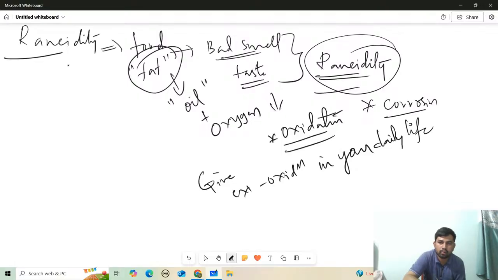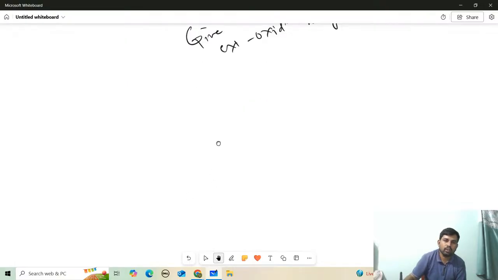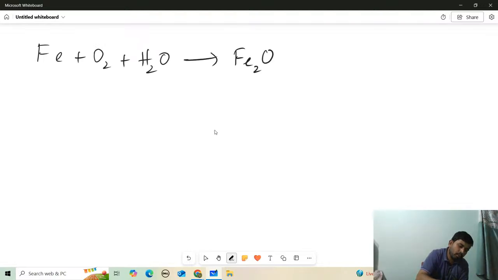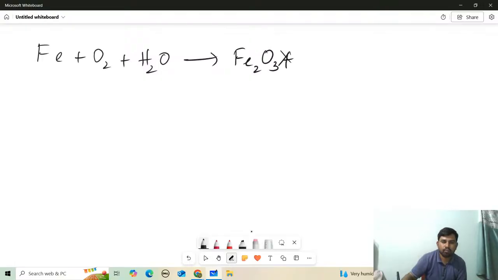What happens in corrosion? We know very well iron reacts with atmospheric oxygen in the presence of moisture. It forms Fe2O3 dot X H2O.